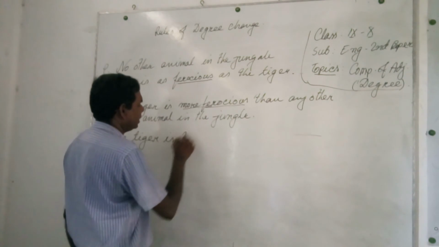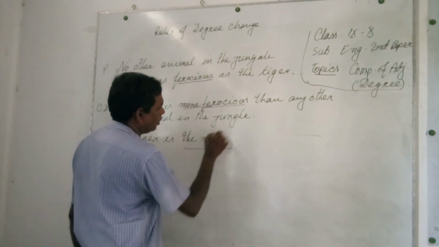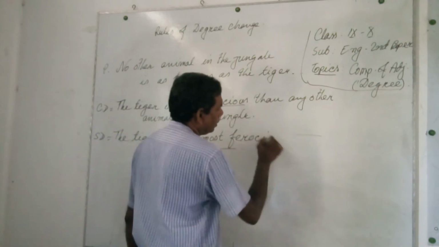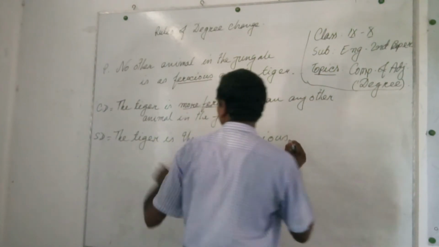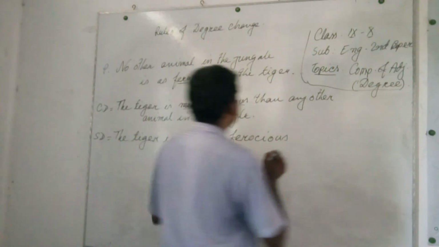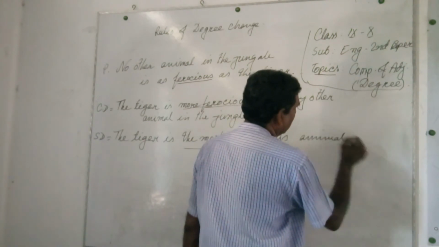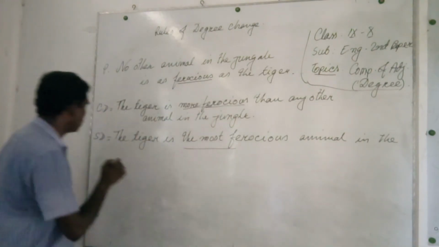The tiger is the most ferocious animal in the jungle.